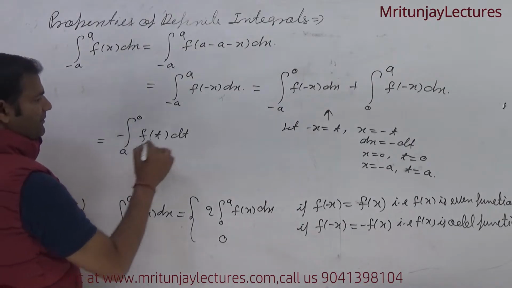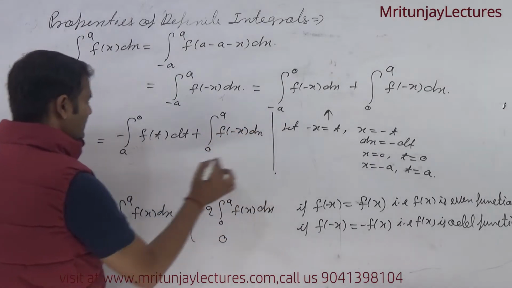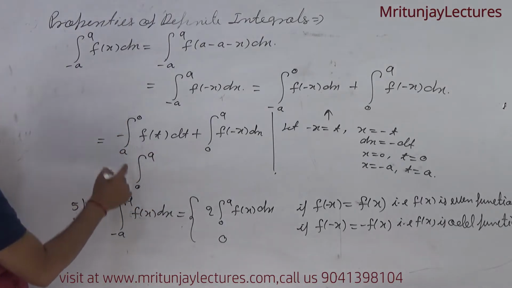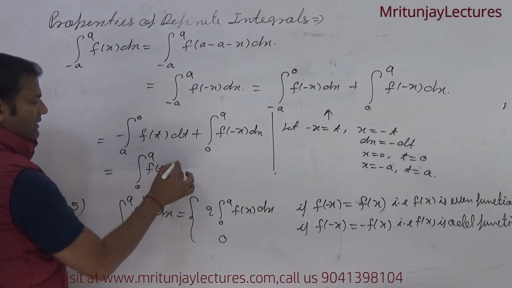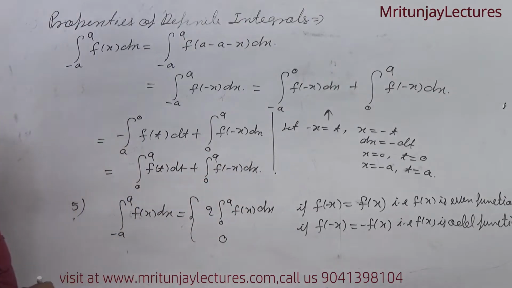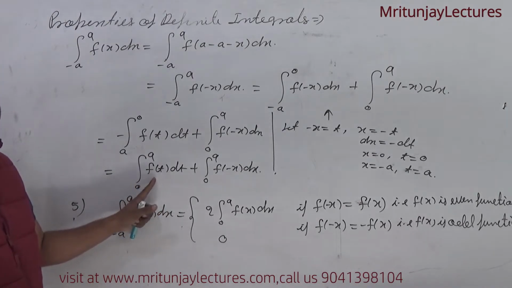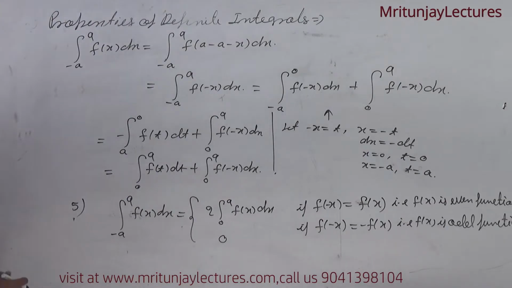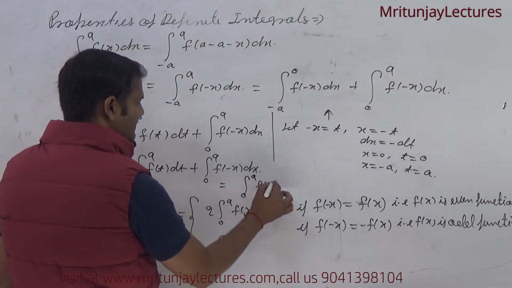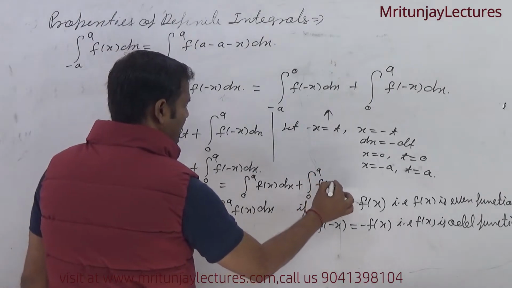Here the minus dt, and this one is 0 to a of f of x dx. Now according to the second property, this is f of t dt plus 0 to a f of x dx. Now another way, property number 1: according to property number 1, replacing t with x, you can write it as integral 0 to a of f of x dx plus integral 0 to a of f of minus x dx.